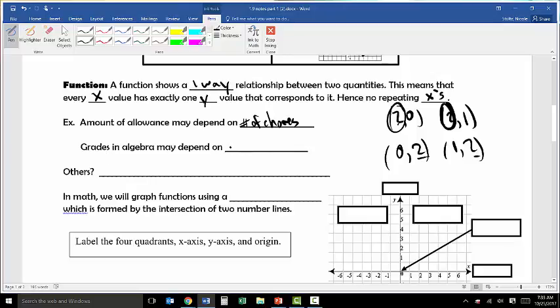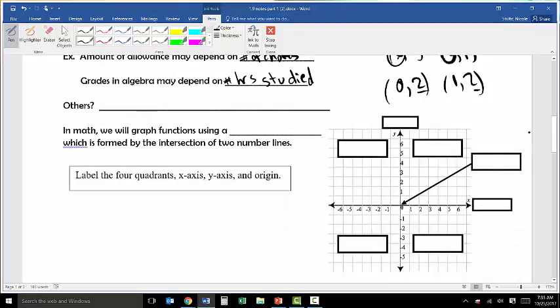Well, that would depend on maybe the number of hours you study. An example of another scenario that we talk about a lot is salary. Usually depends on how much you work.